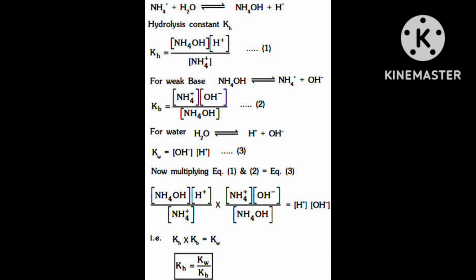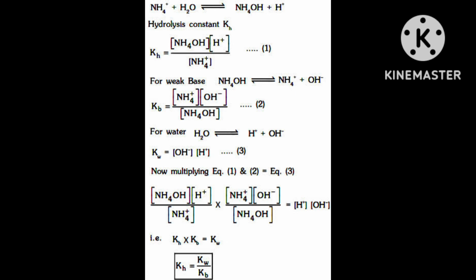After solving this with the help of the logarithm table, you will get the pH value around 10.97. See, you got the pH value. Alpha value also you got, pH value also you got.